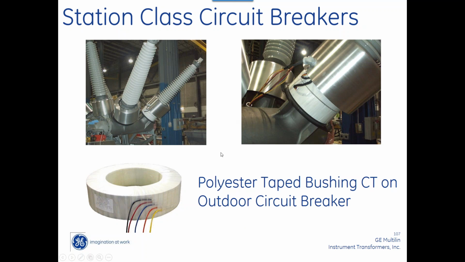You'll see station class CTs. So actually, I said 35 kV. This is actually a 600 volt CT that the switchgear manufacturers make, like GE Hitachi right here in Atlanta, or Arriva, which is the GE.